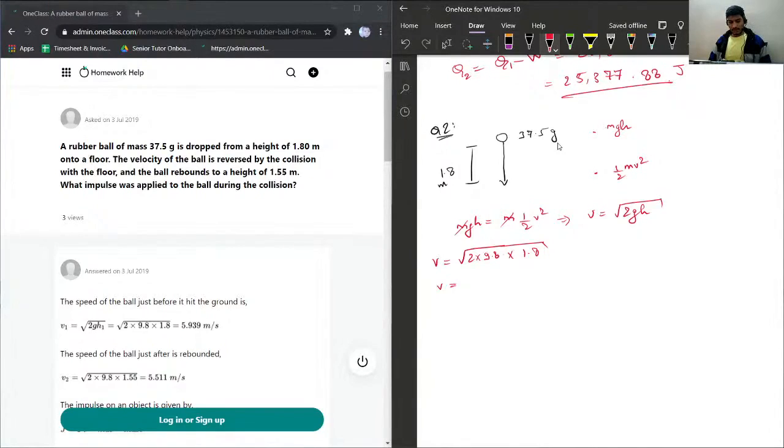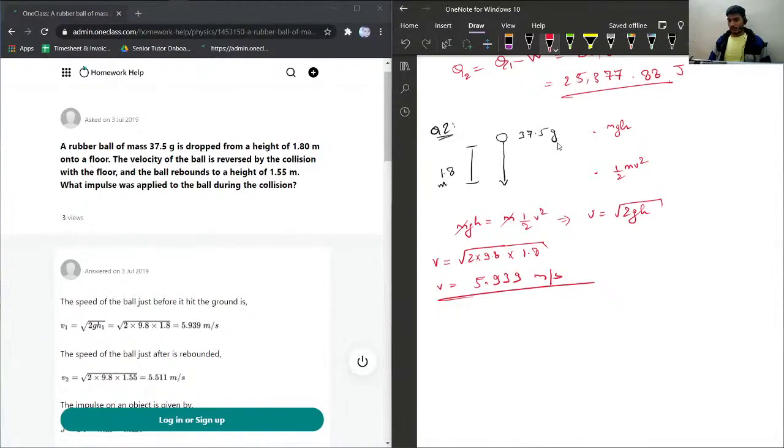It is coming out as 5.939 meters per second. So this is the velocity at this point.